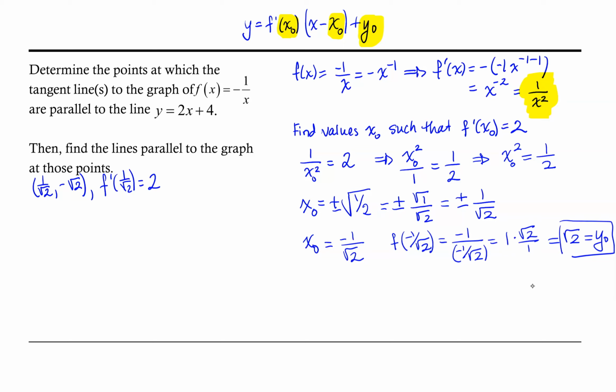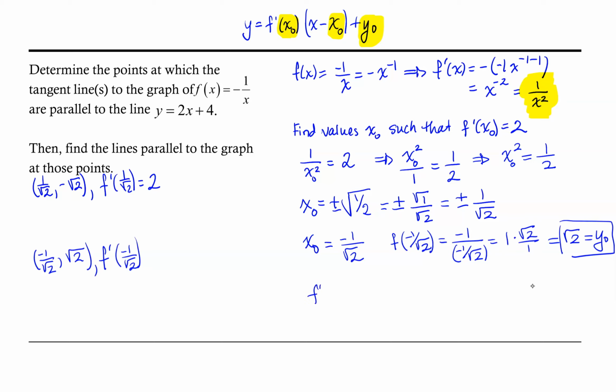So the other point I'm interested in is negative 1 over square root of 2, comma, positive square root of 2. Now, we could assume that I did the work correctly, but let's go ahead and check. If I've done everything correctly, we should find that f prime at negative 1 over square root of 2 is in fact 2.